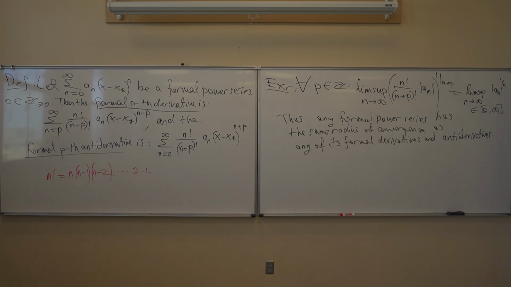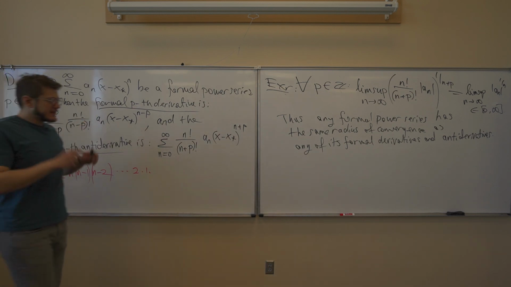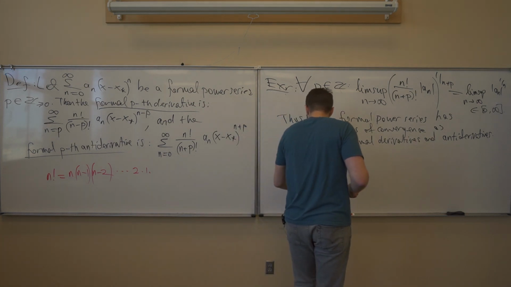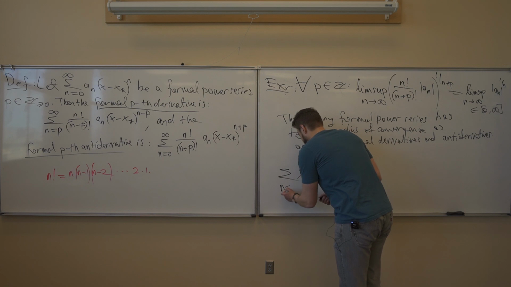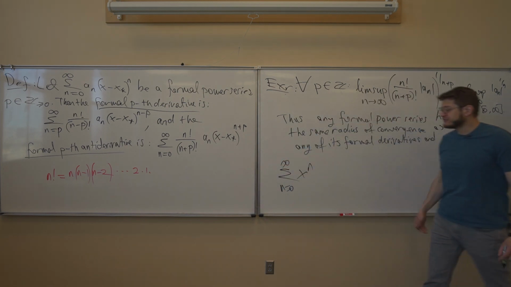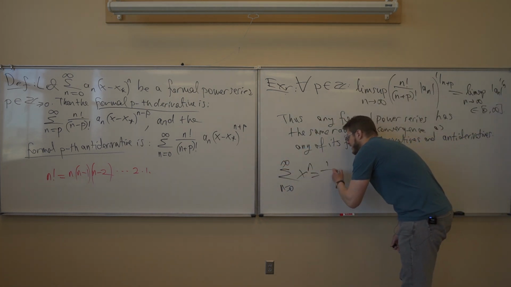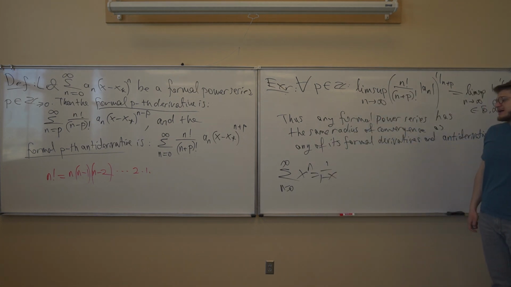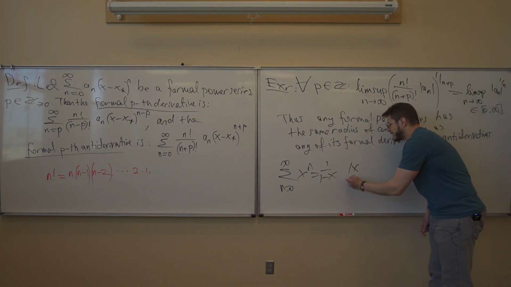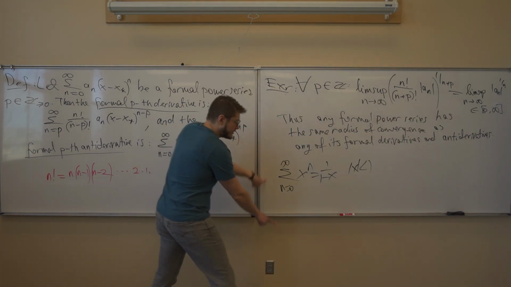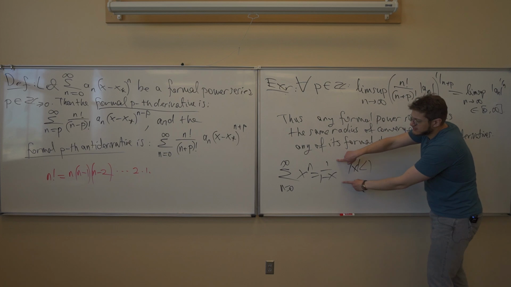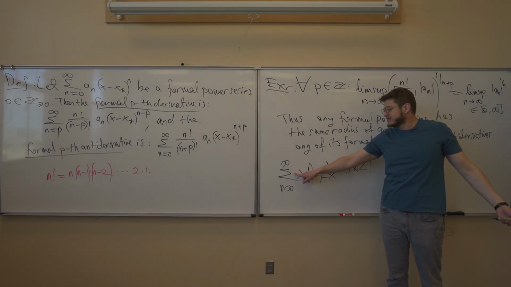Now here's a theorem that contextualizes this. Just like we can think of the series x to the n as a formal power series, at the same time we can think of it as 1 over 1 minus x, at least for x in absolute value less than 1, so that I can think of the formal power series, or I can think of the function that I happen to be able to analyze.